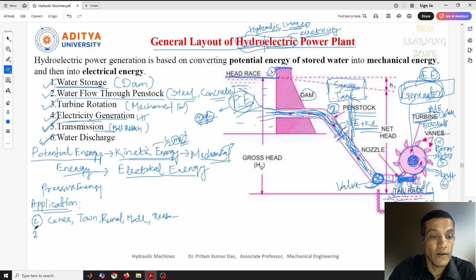Now the second one: it can also be helpful for irrigation and water supply. Next, one more application is industry.